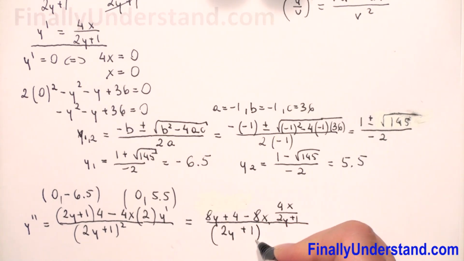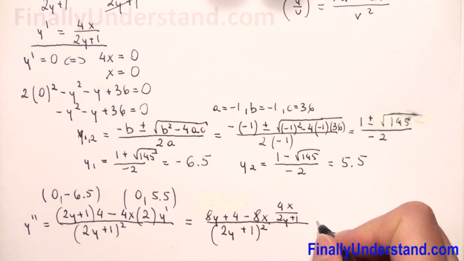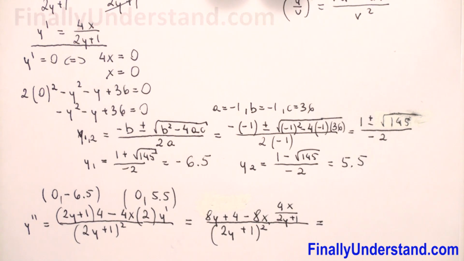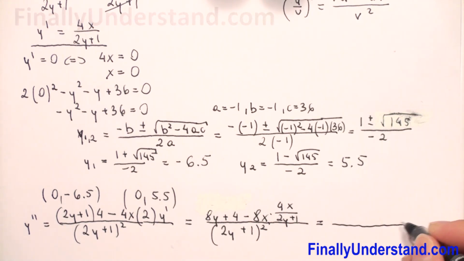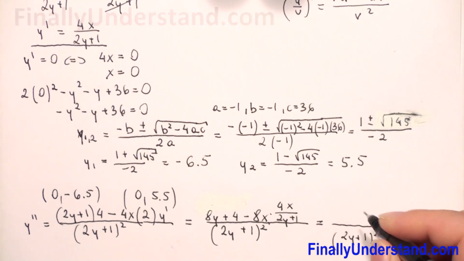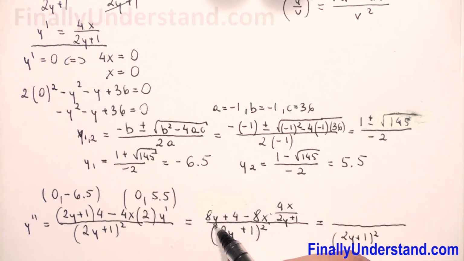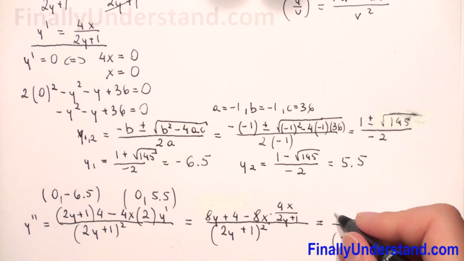This is equal, because we have a fraction here, I will change this number to the fraction 2 over 1. So we just copy the numerator, and I will multiply 8y by 2y plus 1.